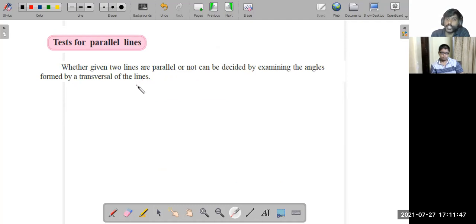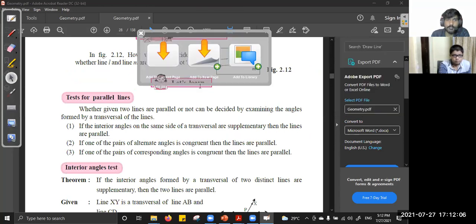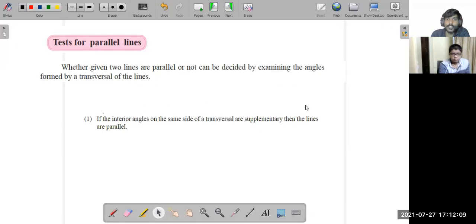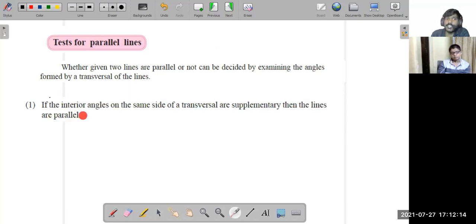So if you want to check whether two given lines are parallel or not, you have to check the angles that are formed by the transversal. Is this statement clear? Yes, sir. Okay, so let's see the first point. Listen carefully. If the interior angles on the same side of a transversal are supplementary. Firstly, do you remember what are interior angles?